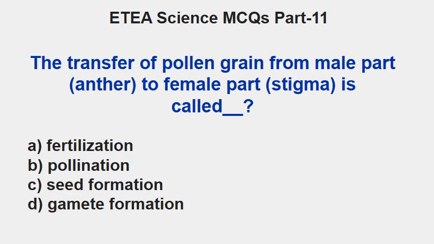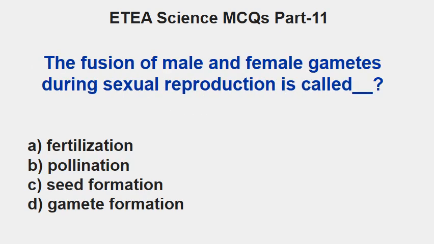The transfer of pollen grain from male part, anther, to female part, stigma, is called? The fusion of male and female gametes during sexual reproduction is called?